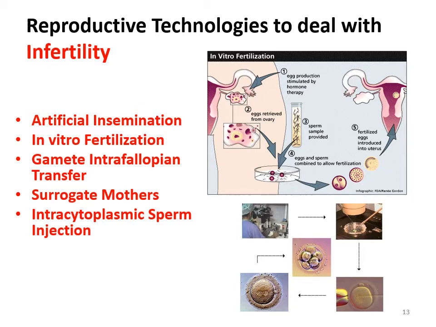There's artificial insemination, in which sperm from a donor, which can be the partner, is inserted into the patient's vagina to try and achieve pregnancy. There's also in vitro fertilization.